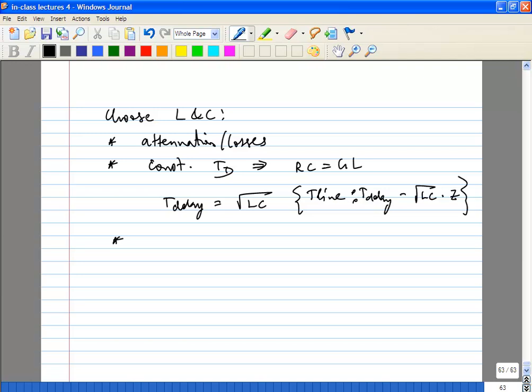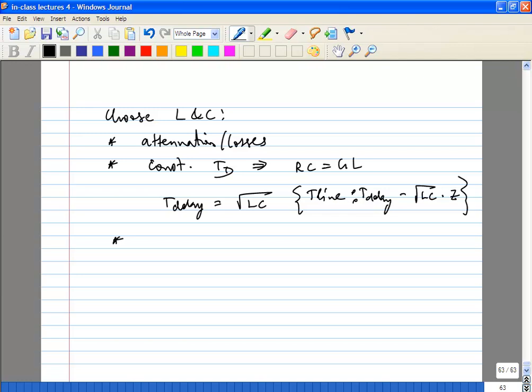The last thing to remember is that once you have decided to go to lumped elements, there is automatically a bandwidth limitation. A transmission line with per unit quantities is a completely distributed system, so there is no bandwidth limitation. However, even with ideal lumped LCs, we know that at some frequency the capacitance is going to become a short, and it is going to be dominated by the inductance impedance.